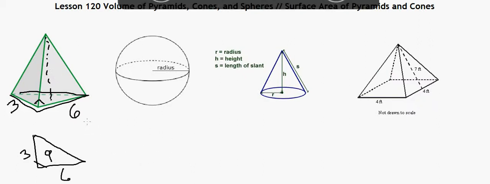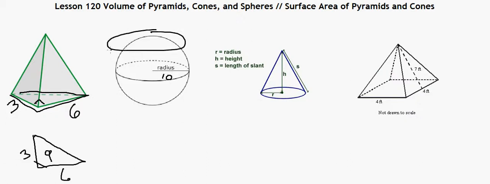With the sphere, we will find the volume of the sphere with a radius of 10 by figuring it like it's a cylinder. And how do you find the volume of a cylinder? Area of the base times the height. What's the area of a circle with a radius of 10?